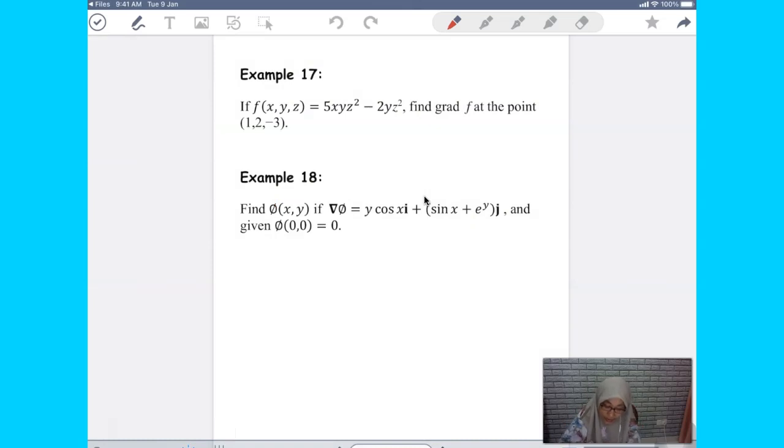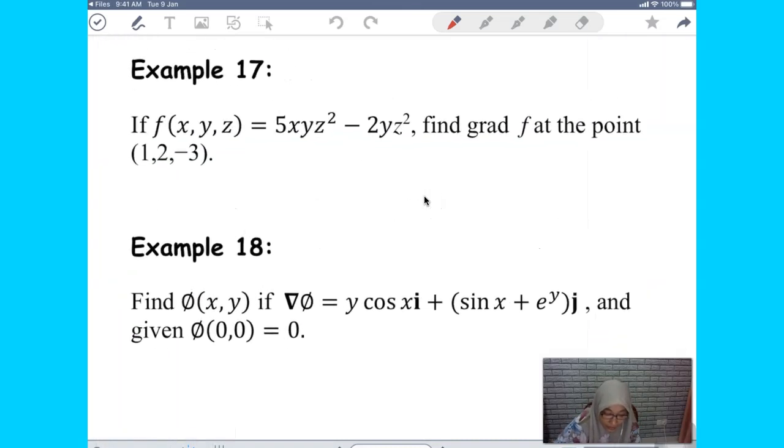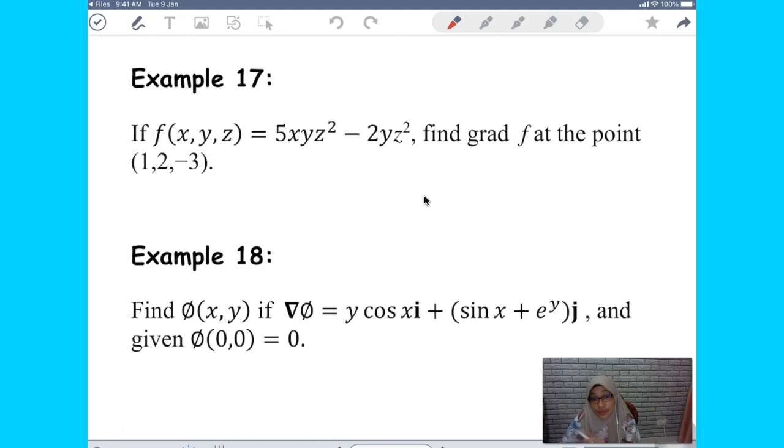So now, how can we deal with the gradient of a scalar function? First you have to have the scalar function or scalar field. If you are given a scalar field, then you can find the gradient of the scalar field. So find the grad f.